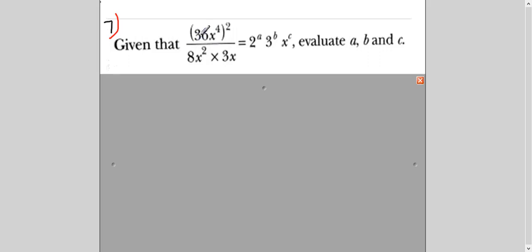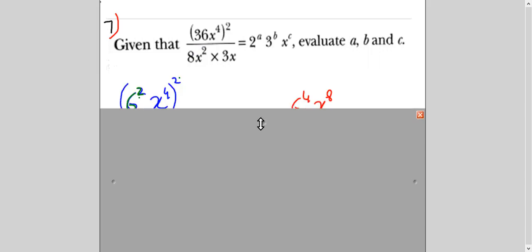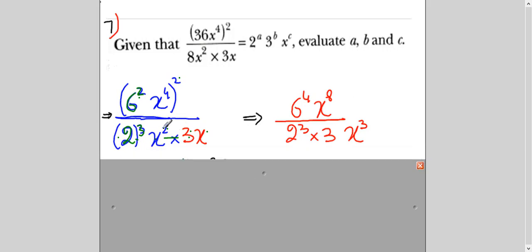So for example, 36 comes to my mind, change it into 6 square. 8 comes to my mind, change it into 2 power 3. So let's see. 2 power 3, 6 square. The rest is all the same. I did not change anything, right? You see x square, 3x, x power 4 and 2. So I have only changed these two.